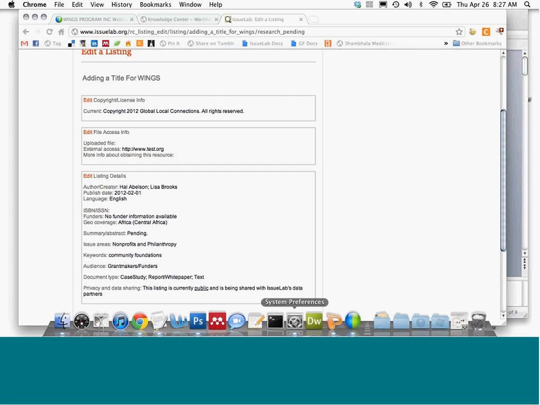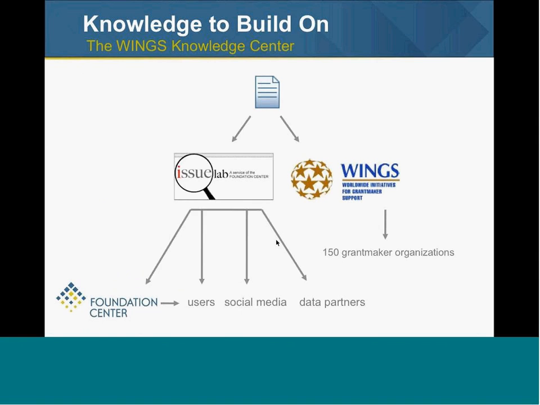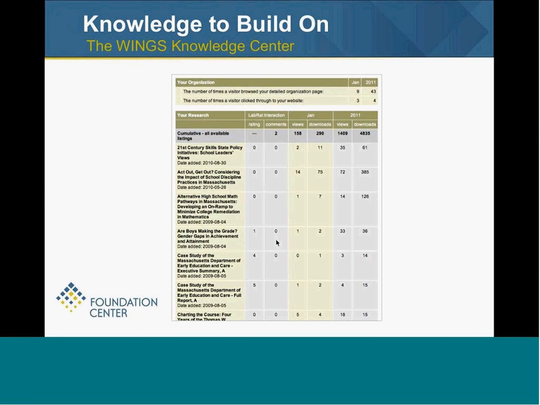So that wasn't shown to you because we were working in a test account there. One of the great things about not only being able to share your work through the Knowledge Center system is that you're also able to track viewership for your work. This is just a screenshot from another organization that's sharing their knowledge through IssueLab.